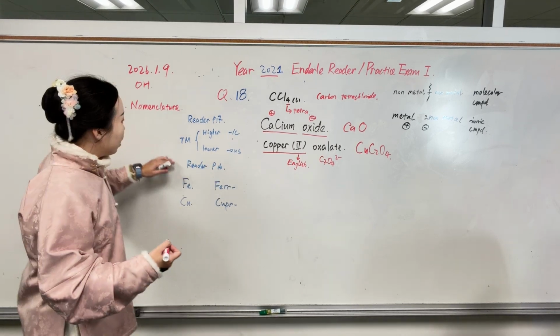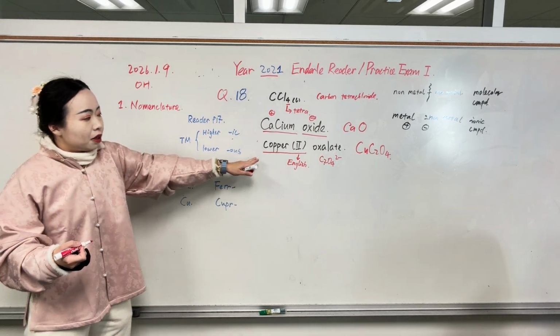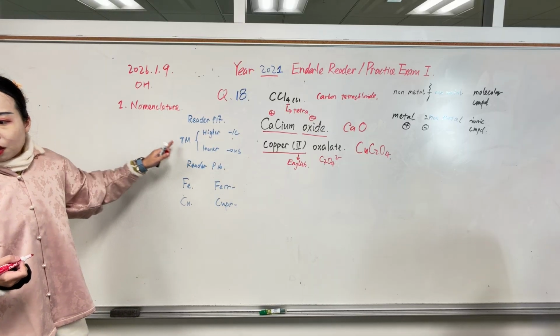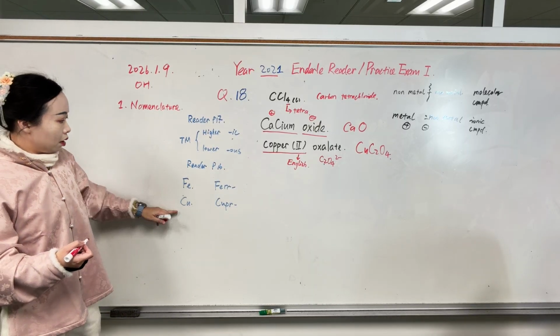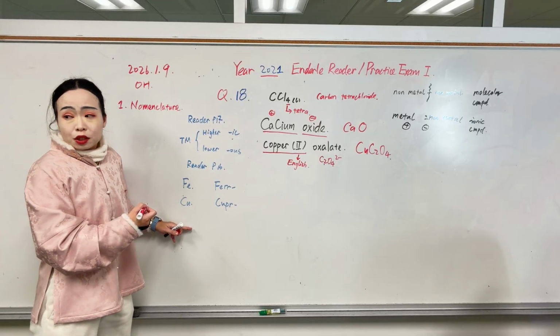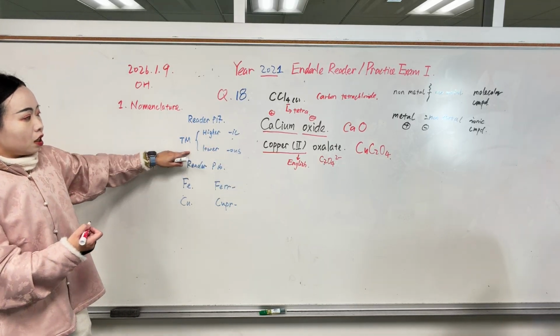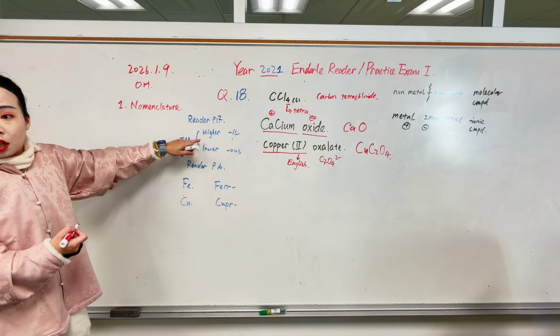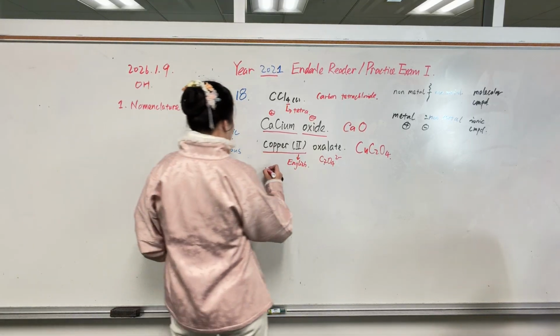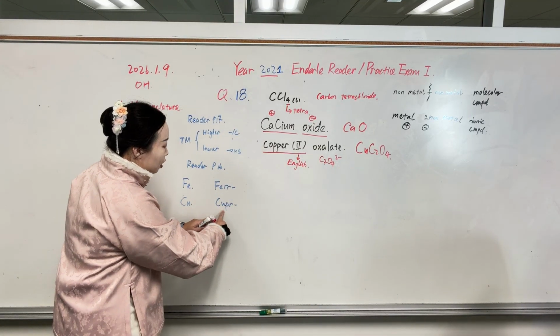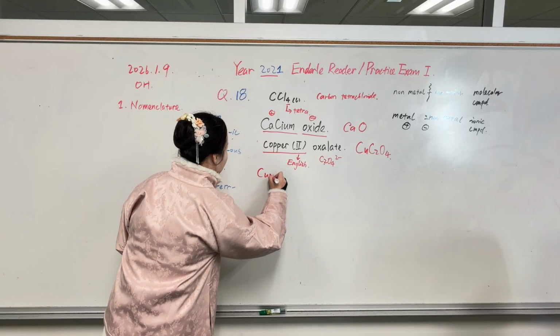And to write the Latin name, as I said, copper. What's the charge for copper? Possible oxidation states of copper: positive 1 and 2, right? Then is positive 2 the lower or higher? It's the higher. So the other name of this should be, written exactly as it is, cuprum. Okay, cuprum.